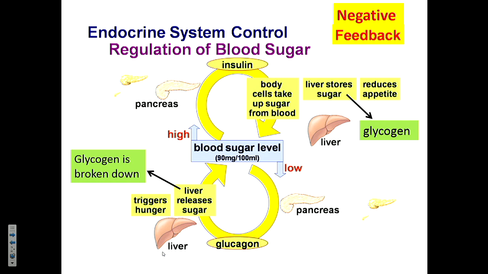So if one thing is happening, the other thing has to stop. The secretion or the stimulus for the other one has to stop if we're doing one thing. So you can kind of see this interconnection. The same goes for if glycogen is being made because we have an excess, then it's not being broken down. So it gives you an overall connection of how the regulation of blood sugar is an example of negative feedback.